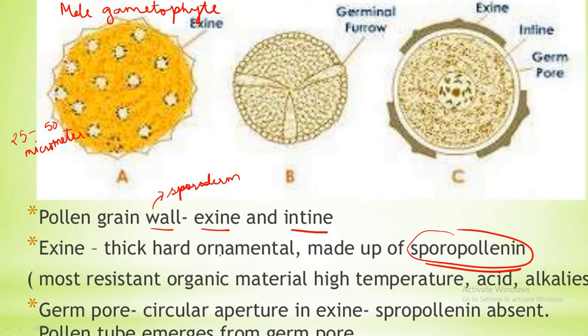The pollen are well preserved as the fossils, and pollen grains have prominent distal apertures. They have circular apertures in the exine layer where sporopollenin is absent, and from this the pollen tube germinates, that is known as the germ pore.